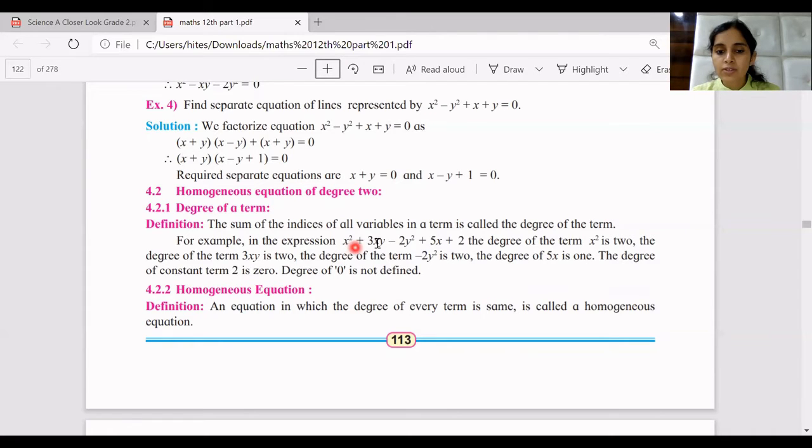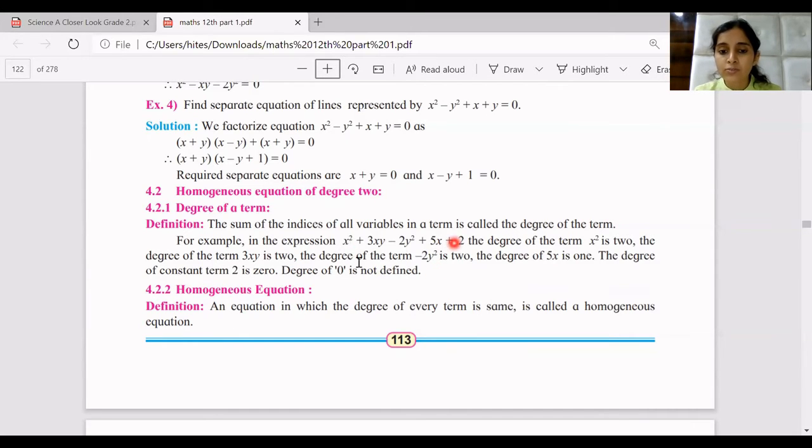If you observe this equation, x square plus 3xy minus 2y square plus 5x plus 2, let us find out the degree of each term. The first term is 2, the second term is 2, the third term is 2, the fourth has degree 1, and the degree of the constant term 2 is 0. Degree of 0 is not defined.